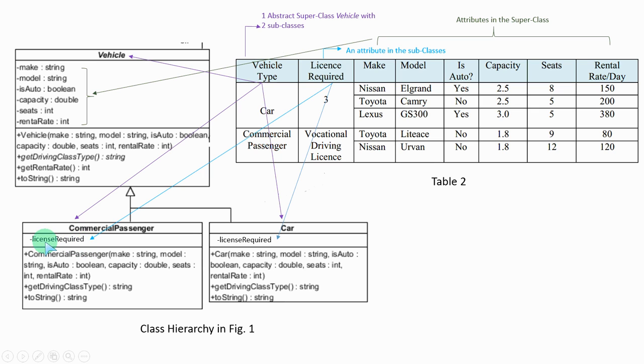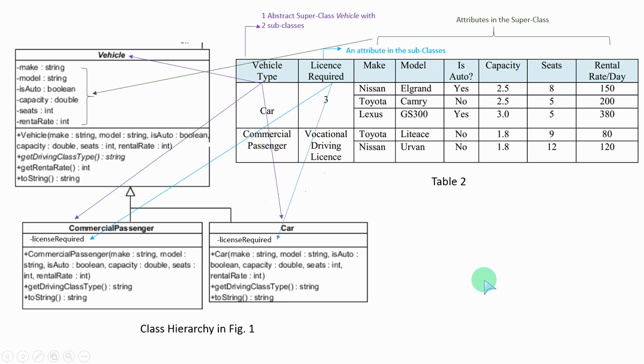The value of license required for commercial passenger would be a vocational driving license, and for car would be class 3, abbreviated as 3. So the attributes that differ between types of vehicles are kept at the subclass level. That allows the objects to acquire a different license required depending on which type of vehicle it is.